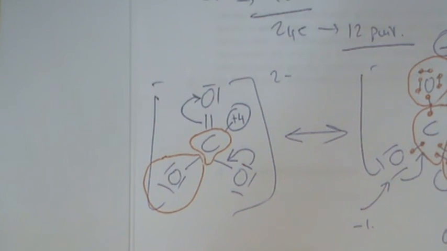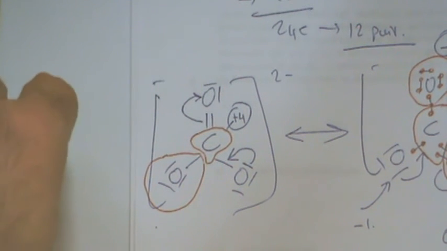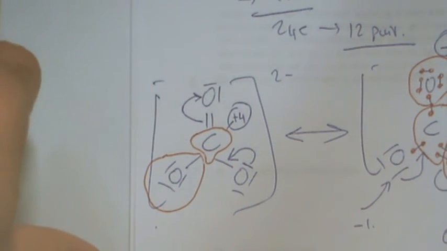So they go there. Put them into the circle. How many do I have in the circle? 8. Normally, when it's not bonded to anything, 6. How many has it? It appears to have 2 more. Therefore, the oxidation number is? No, wait a minute. We have 6. We have 8.